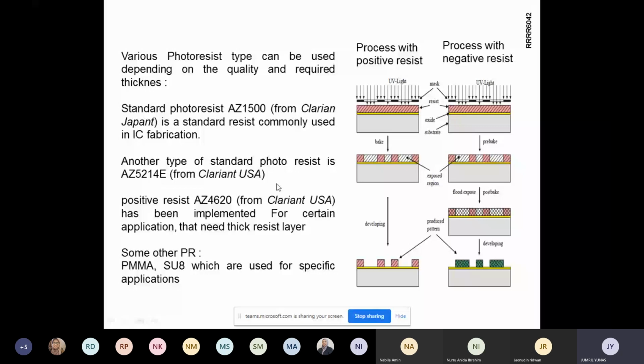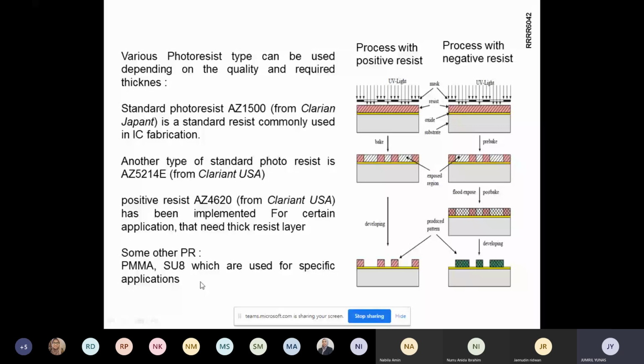Another photoresist, AZ4620, is a thick photoresist that has been implemented for certain 3D structure applications. Some other photoresists, namely PMMA and SU-8, are used for specific applications requiring a thick resist.